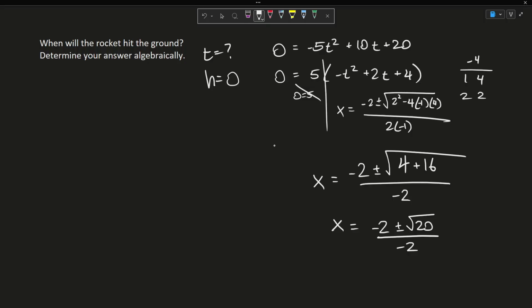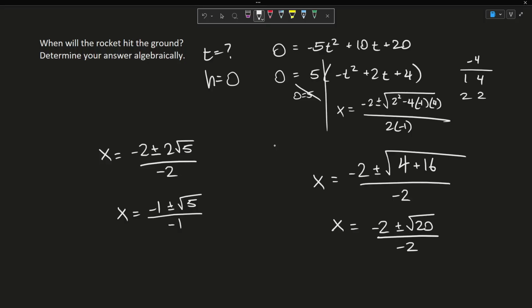I simplify my radical. X equals negative 2 plus or minus 2 root 5 over negative 2. And now here comes the point. Can't reduce a radical anymore. I can't add these two, but I can reduce by a factor of 2, because I have a 2 over here, 2 over here, and 2 over here. X equals negative 1 plus or minus root 5 over negative 1.